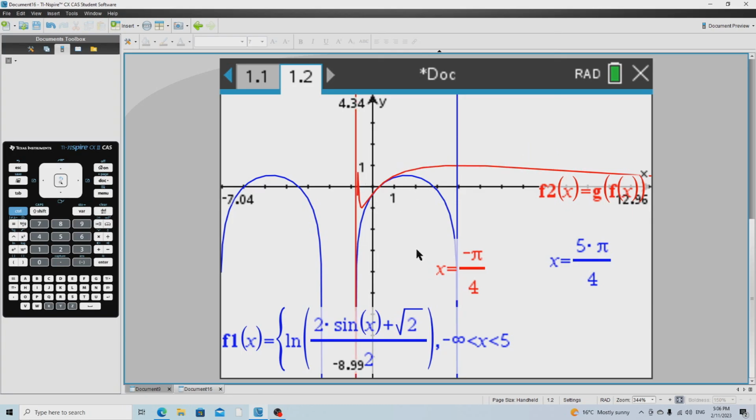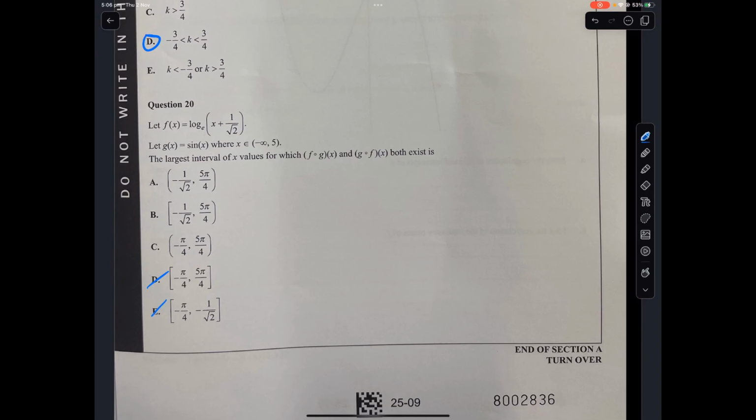So, wait. Oh my god, this is an actual hard question. Well, okay, we know it's not D or E. So we get negative pi over 4, because it says the largest interval for x.